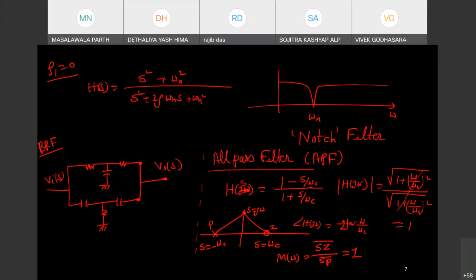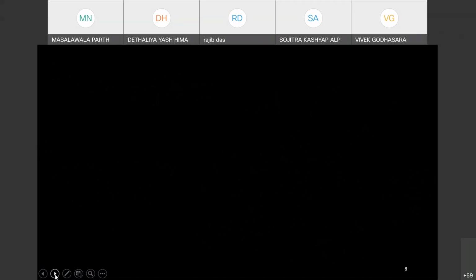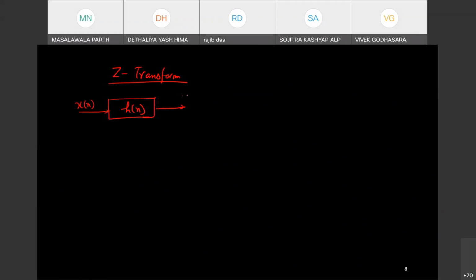Anyway, so we'll move to the discrete domain, the Z transform. Next topic is Z transform. And you see the idea. If you have a system h of n, and if you apply a sequence x of n, you know that you will get a sequence y of n, which is the convolution between x of n and h of n.